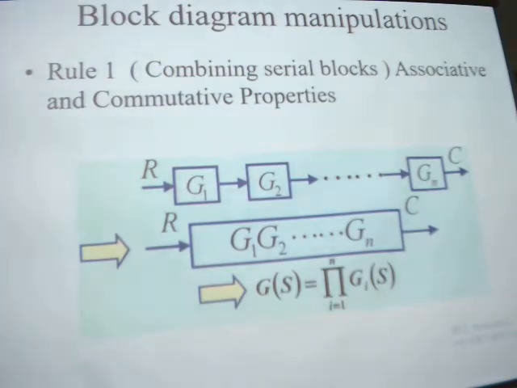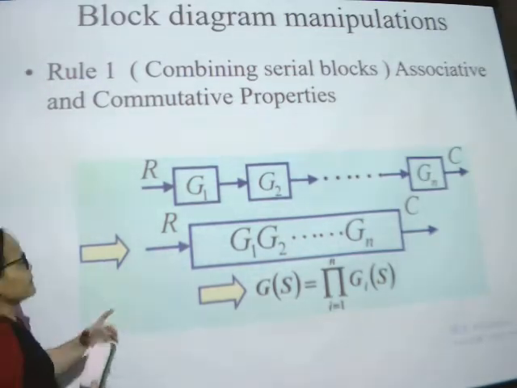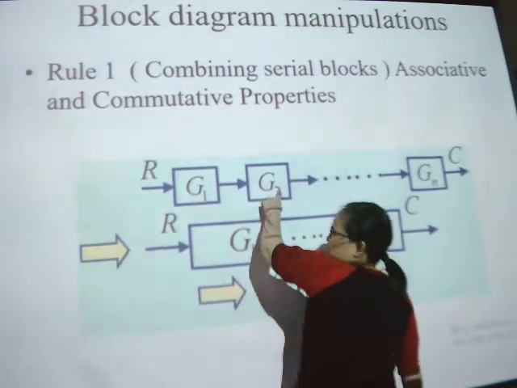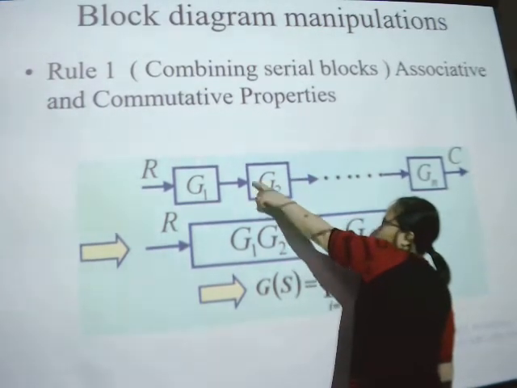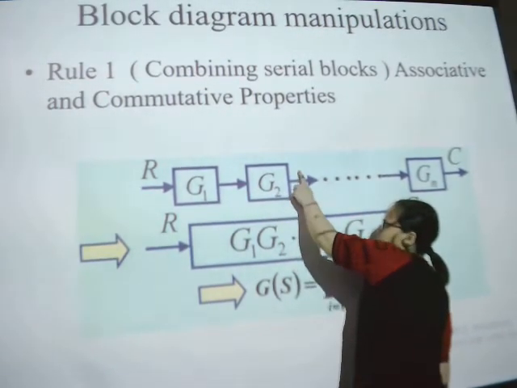Now C2 equals what? G2 times C1, because C1 is the input of block 2 and the output of this block is C2.